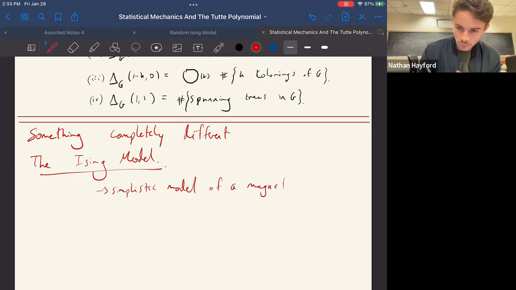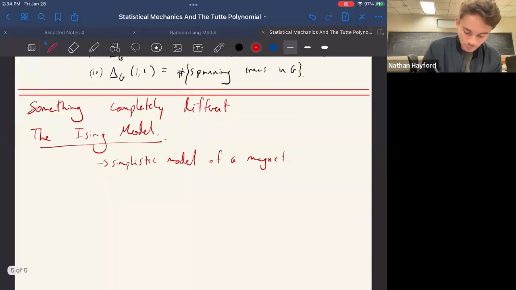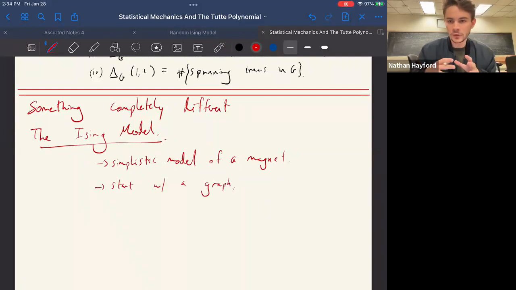So what am I going to build for this model? I'm going to start with a graph, and the graph is going to be considered as my whole magnet. At each vertex of the graph, I'm going to associate a little tiny magnet, which can either point up or point down.